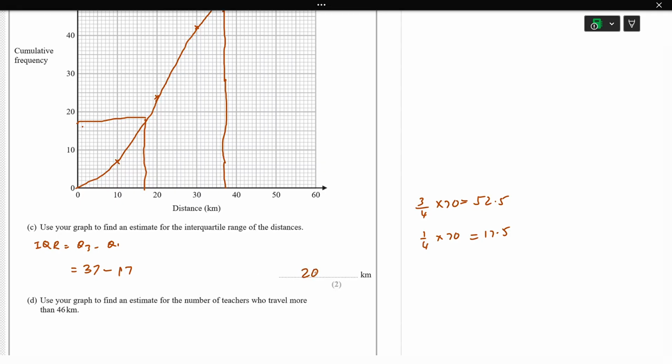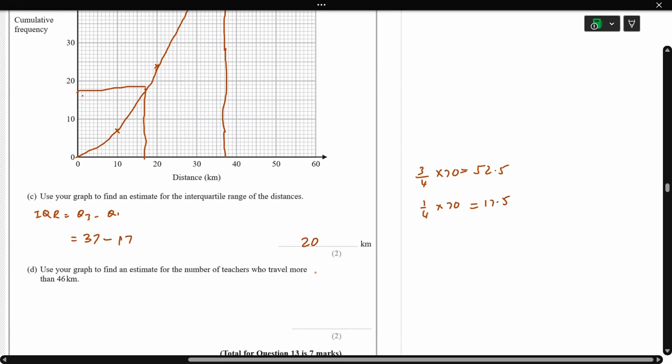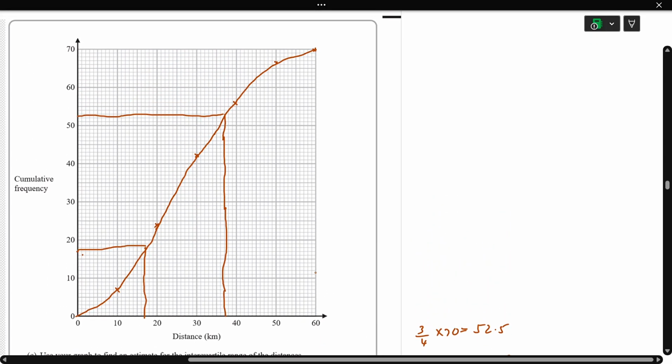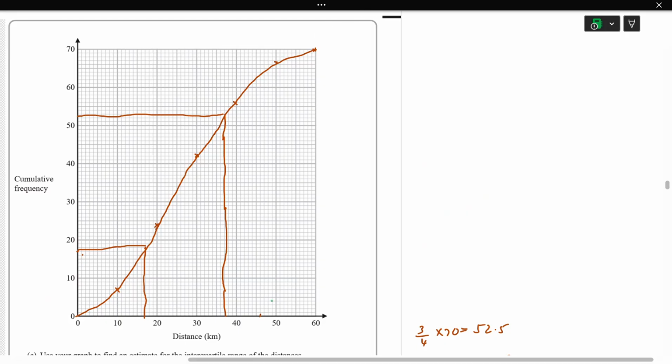So 20 kilometers. Next, use your graph to find an estimate of the number of teachers who travel more than 46 kilometers. 46 is here, so we draw 46 kilometers. When we use the ruler, it will be easy. So 46, yeah, here.